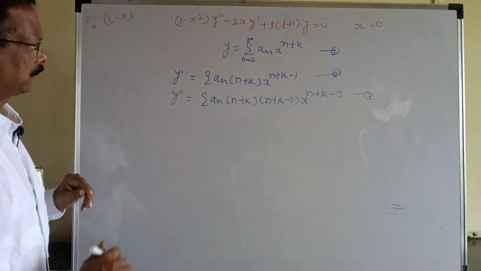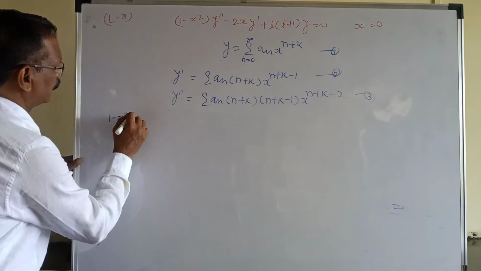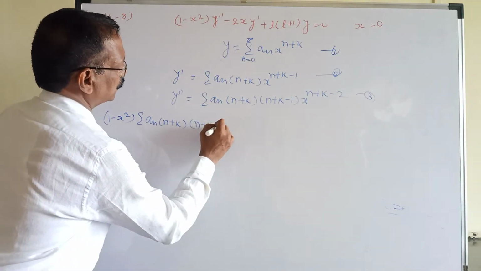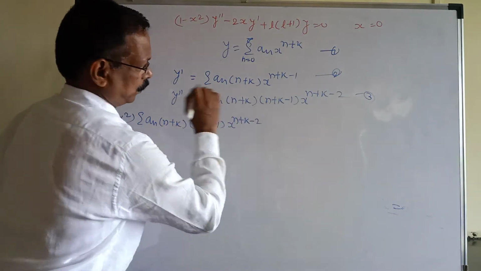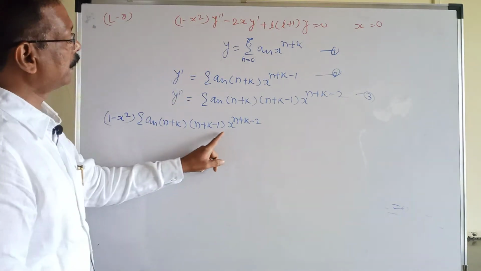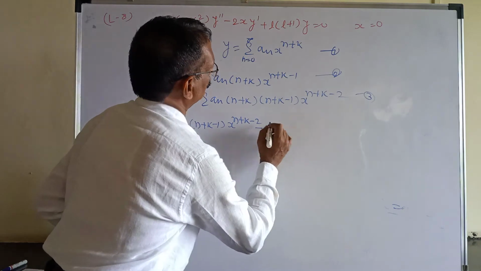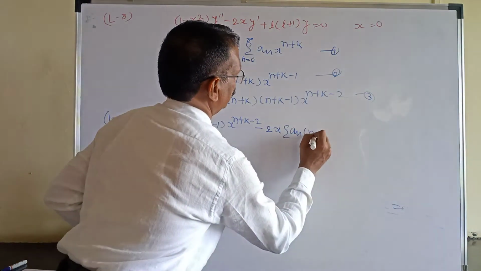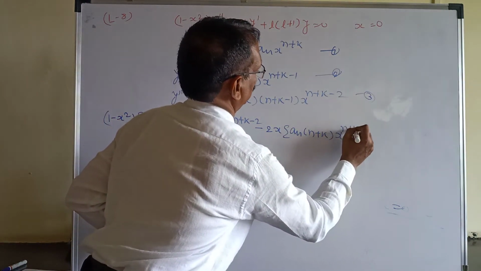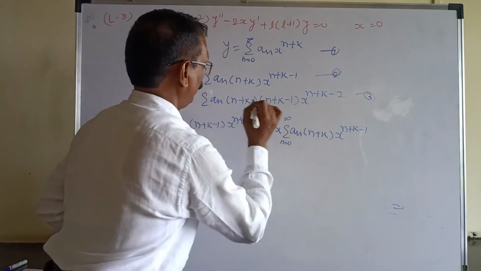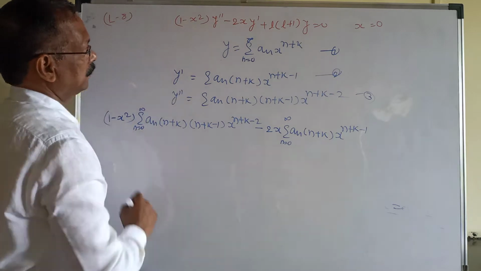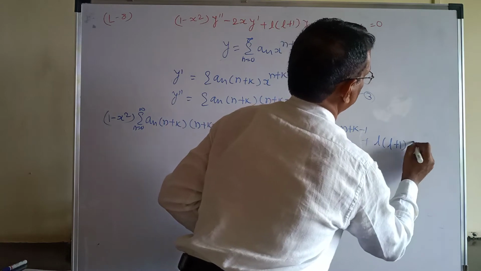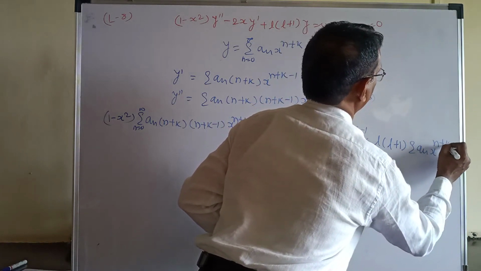So substitute 1, 2, 3 in the given differential equation. This is the Legendre differential equation. What do we get here? (1 - x^2) into summation of a_n (n+k)(n+k-1) x^(n+k-2), this is y double dash, minus 2x into y dash, which is summation of a_n (n+k) x^(n+k-1), where n runs from 0 to infinity, plus the remaining term, l(l+1) into summation of a_n x^(n+k), equal to 0.